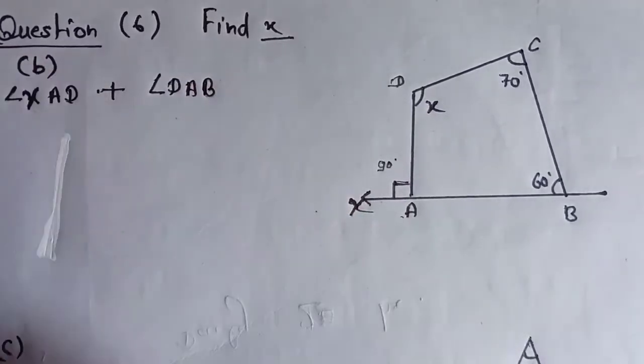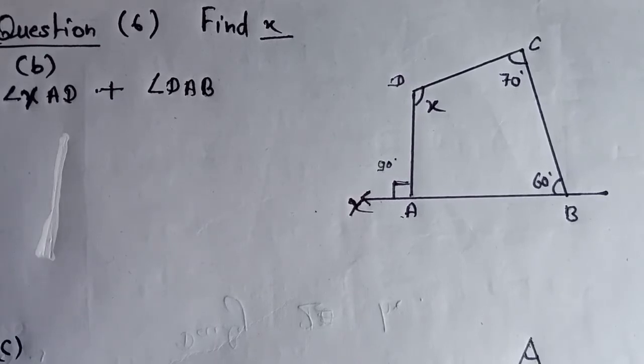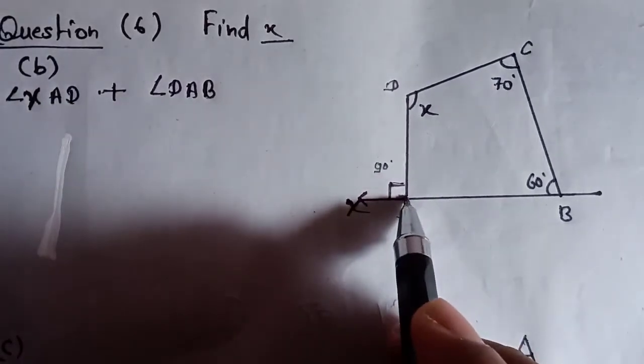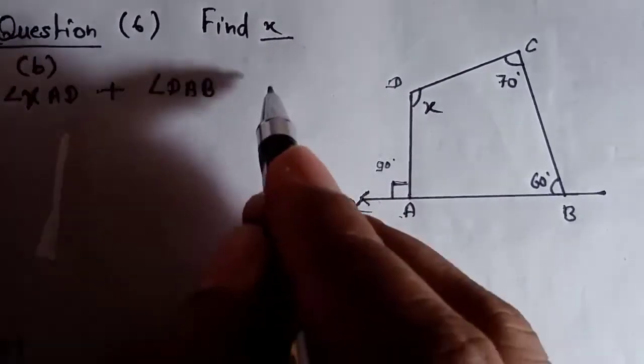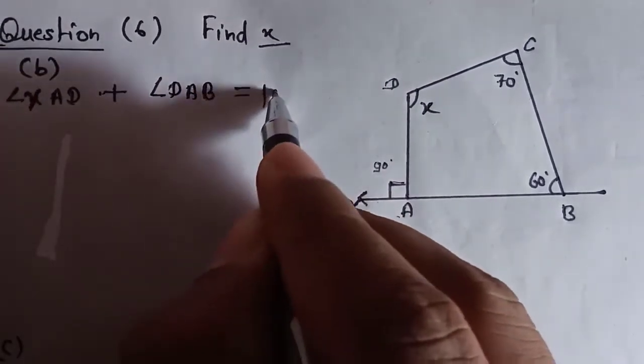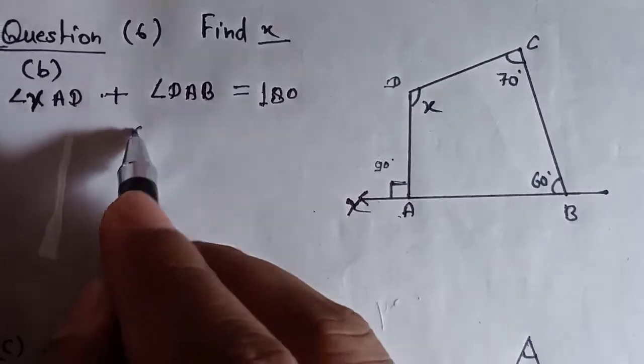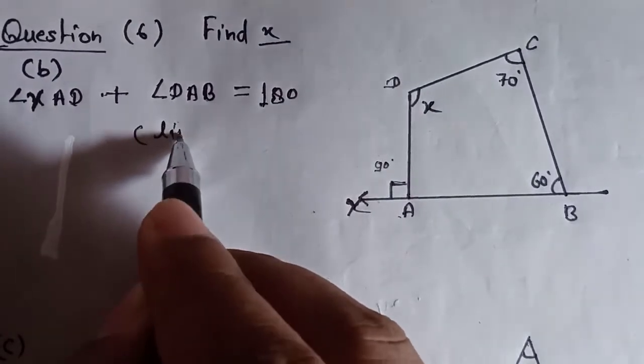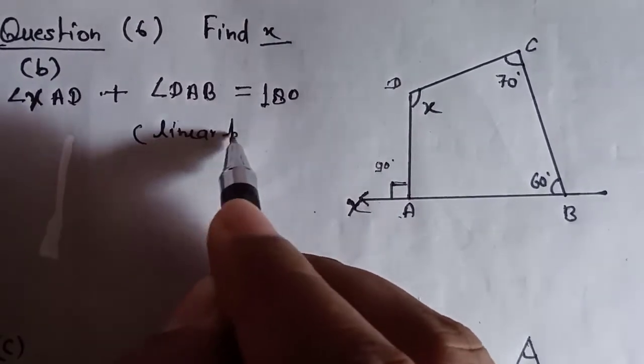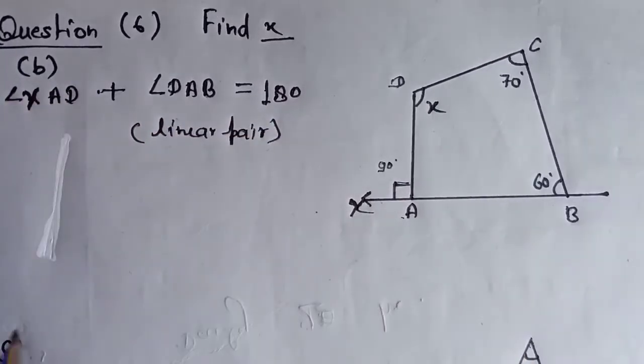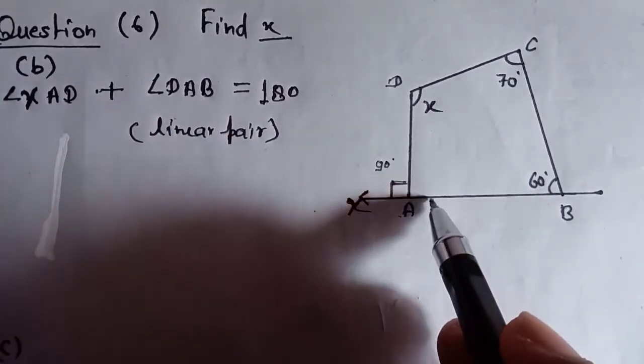When you write angles like this, the vertex where the angle is found must be in the middle, and you can say A is in the middle in both conditions. It is equal to 180 degrees. Why? Because it forms a linear pair. Okay, and this complete angle is 180 degrees.